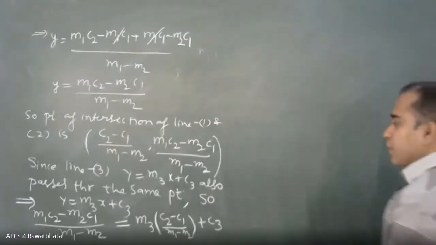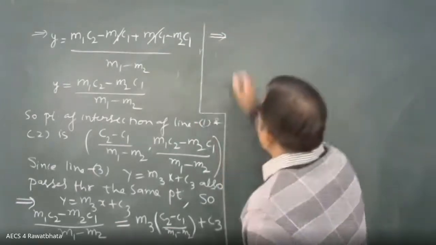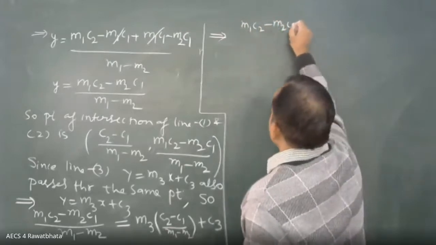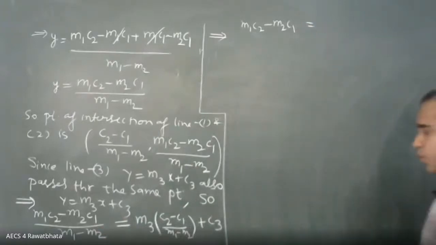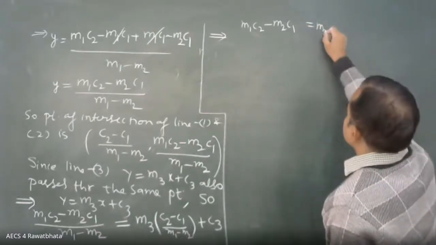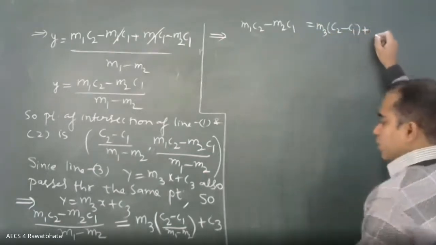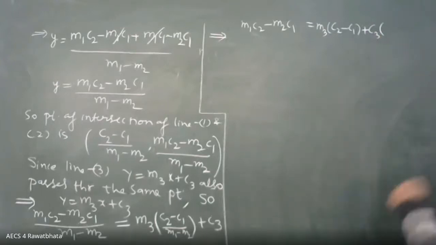So if I take LCM in the right hand side, I will get m1 c2 minus m2 c1, and I'm multiplying with m1 minus m2 throughout. So this will become m3 multiplied with c2 minus c1 plus c3 multiplied with m1 minus m2.